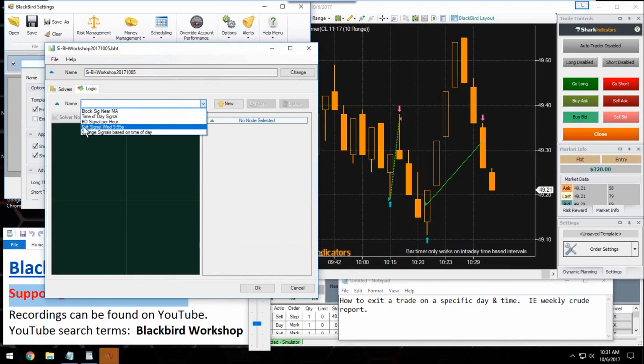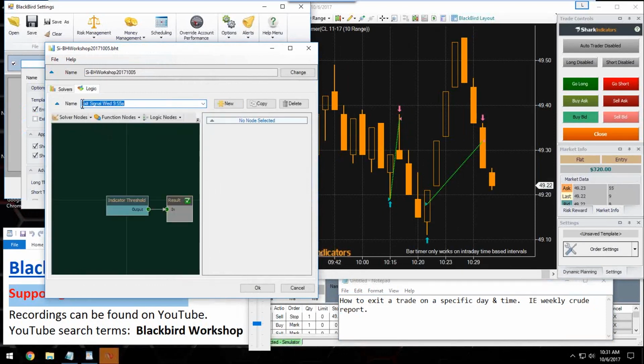And so we had this exit signal here. We had set up this exit signal for Wednesday at 9:55, and I guess that would be Eastern time. That'd be like closing out the trade about a half an hour before the oil inventory report comes out.